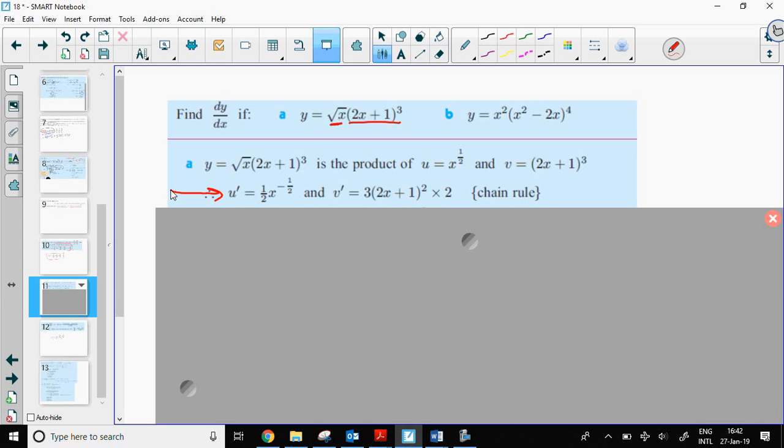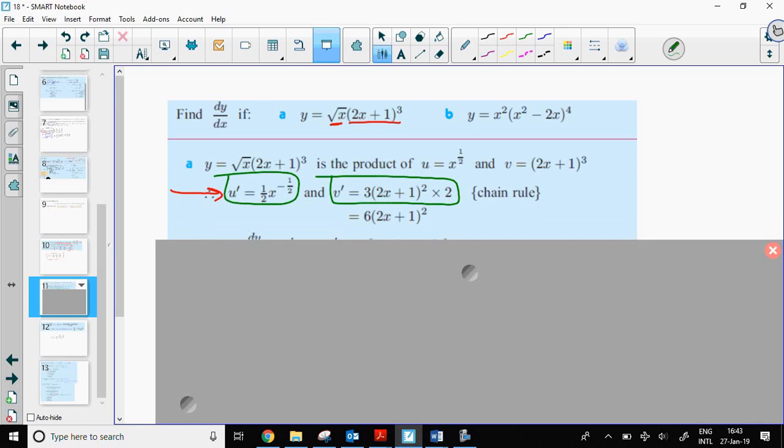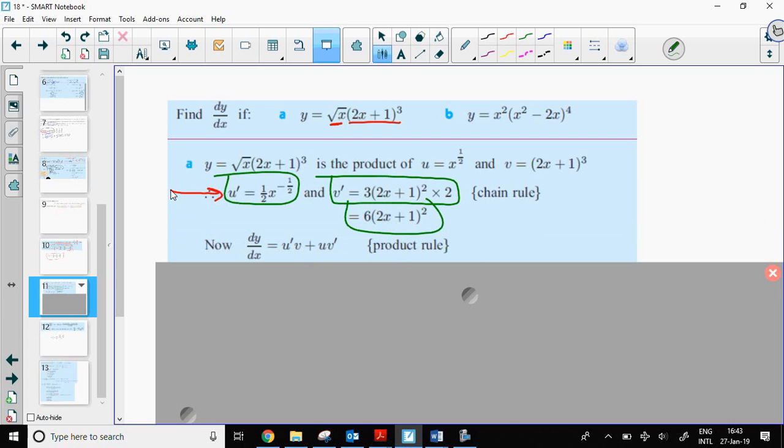So let's just take a look at that. The first one should be pretty straightforward. This is just power rule. And the second one is using chain rule. If you're okay with that, we can move forward. Here they're just simplifying what v prime was. Okay, so now we're going to use the actual product rule.